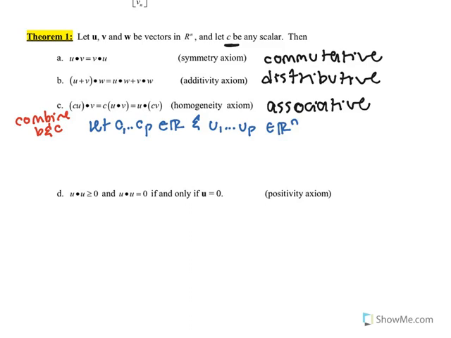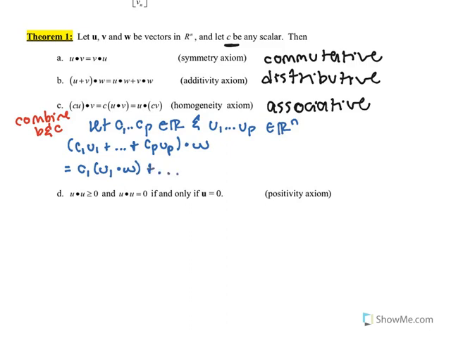Then if we multiply the constants with their corresponding vectors, and we add all of those together, c1 u1 through cp up, and then dot it with some vector w, that will be the same as dotting each of the vectors with w first, and then scaling them afterwards.